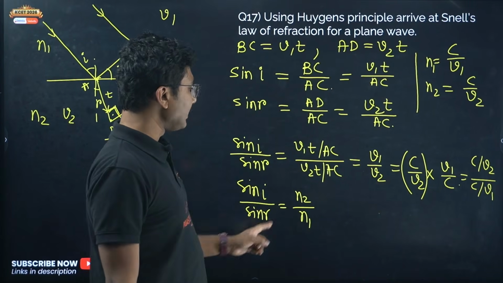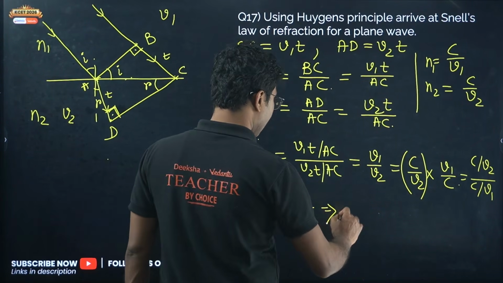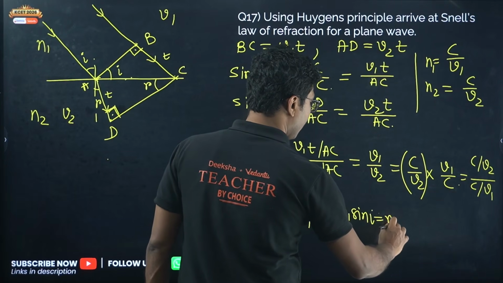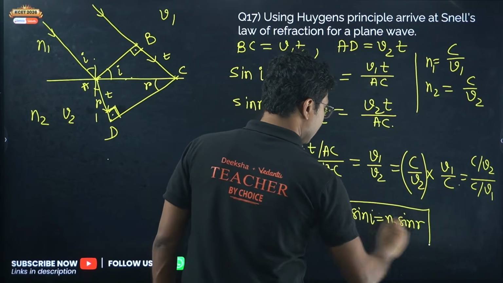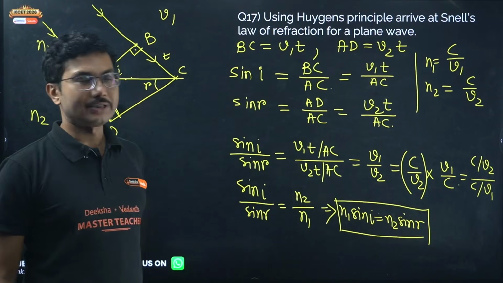So we get sin I by sin R equals N2 by N1, or we can say N1 sin I equals N2 sin R. This is the generalized form of Snell's law.